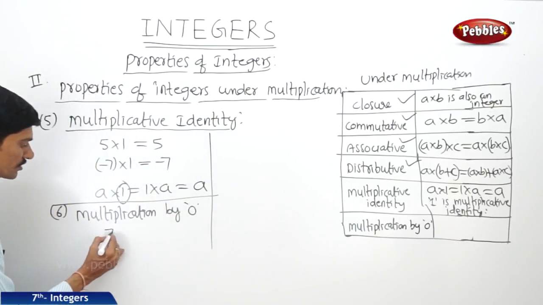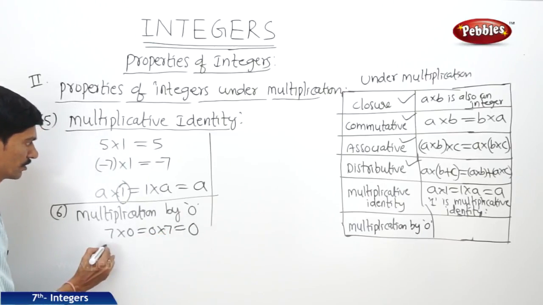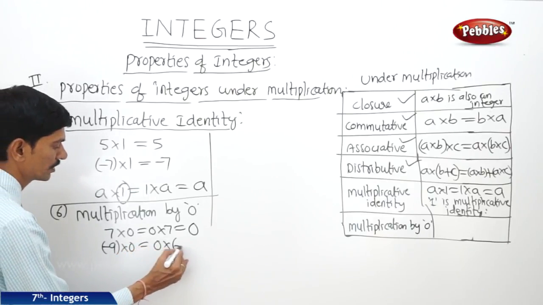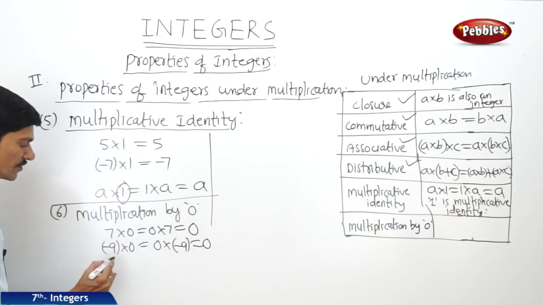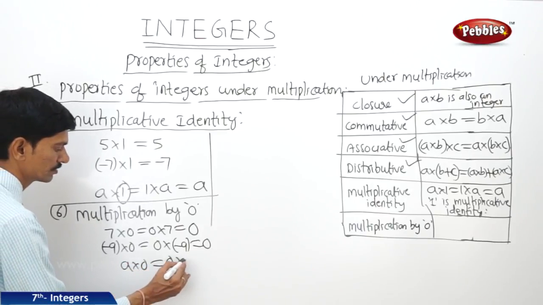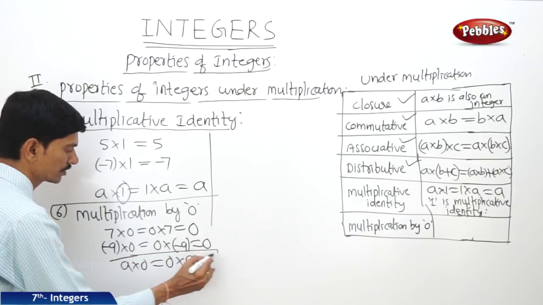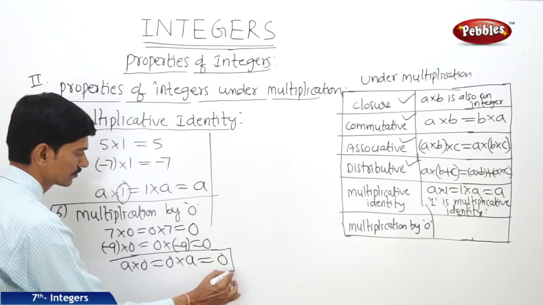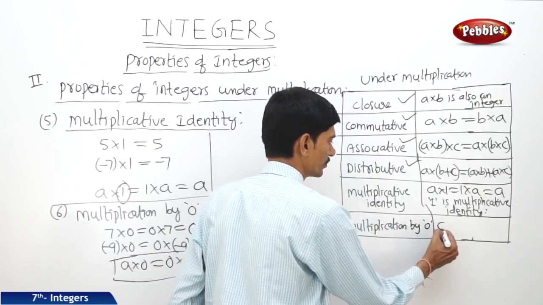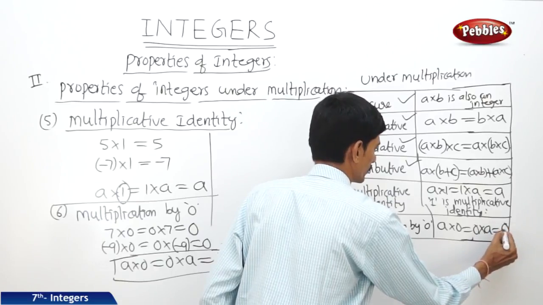For example, 7 into 0 equals 0 into 7 equals 0, or minus 9 into 0 equals 0 into minus 9 equals 0. So if a is any integer, then a into 0 equals 0 into a equals 0. So multiplication of any integer by 0 is 0.